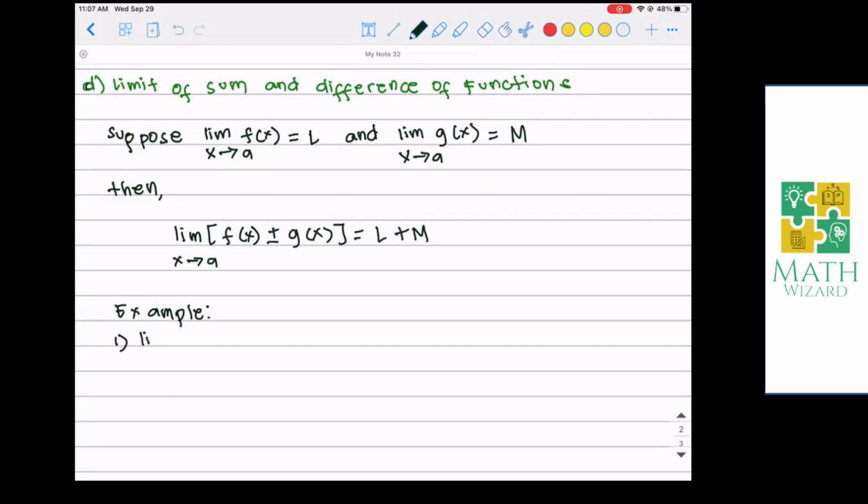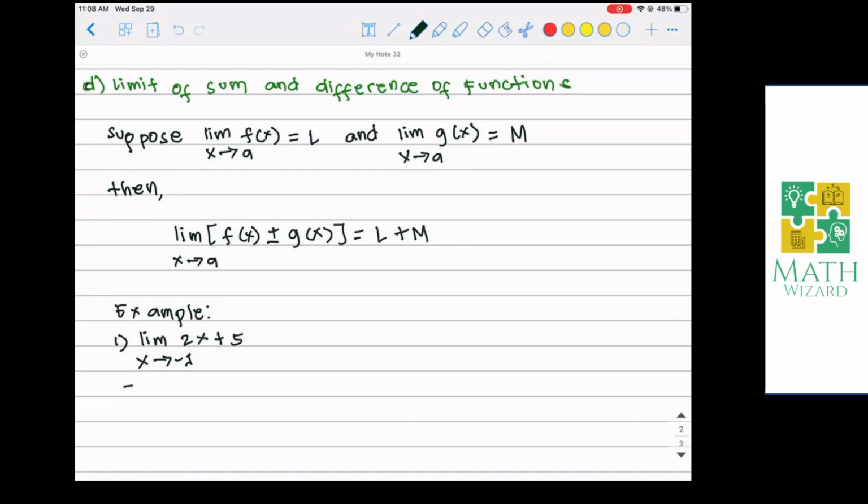Limit of 2x plus 5 as x approaches to negative 1. So we have the limit of 2x plus 5 as x approaches to negative 1. Again, for us to solve this limit, we need to treat them separately.